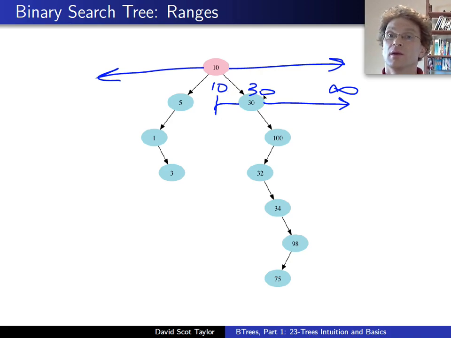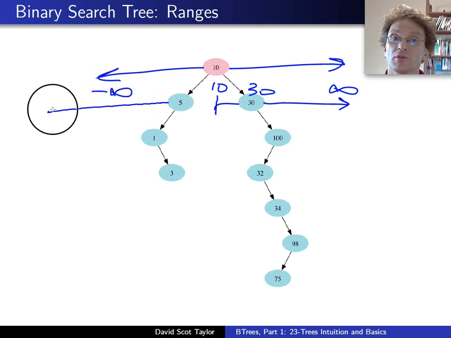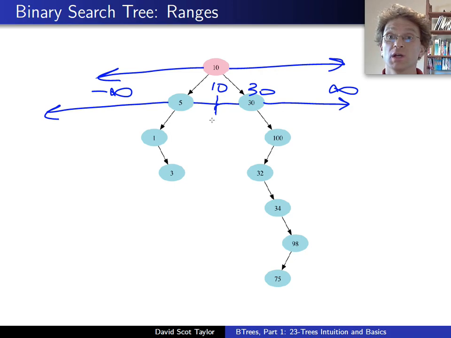And our 5 goes from negative infinity up to 5, and 5 up to 10. Each node is in the middle of some number range, and it cuts that range in half. That's why binary search trees are binary.